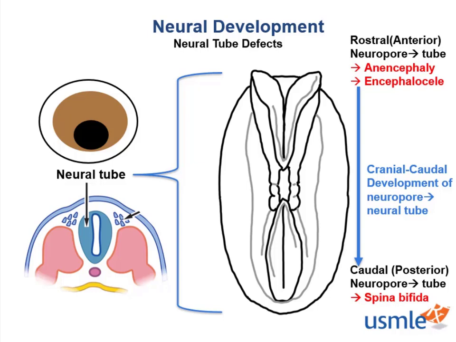This cranial caudal progression of closure of the neuropore into the neural tube explains why caudal or posterior neuropores are the most common congenital malformation. Stated another way, spina bifida is a more common congenital malformation than anencephaly or encephalocele because of the cranial to caudal progressive closure of the neuropore into the neural tube.